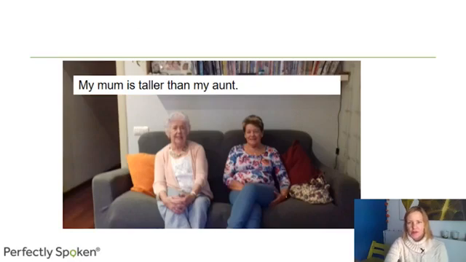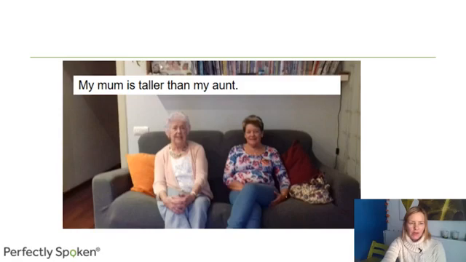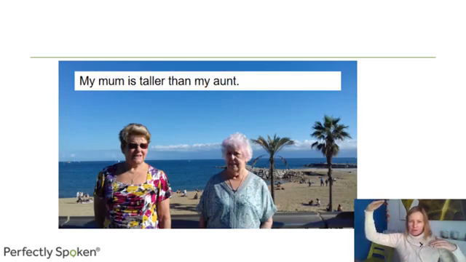And now what we're going to do is look again at the photograph of my mum and my aunt. Okay, and have a look at the sentence. Right, so we've got my mum is taller than my aunt.